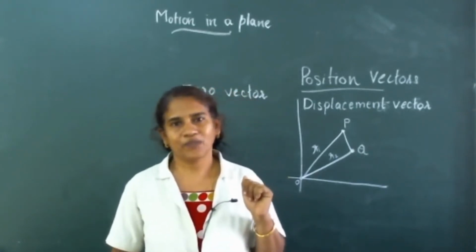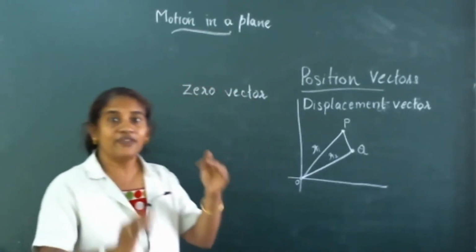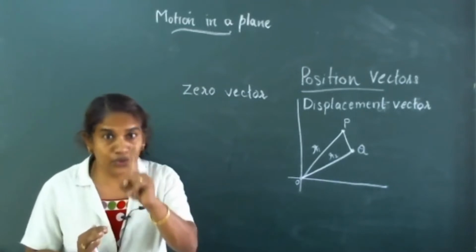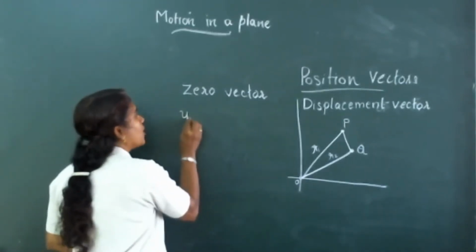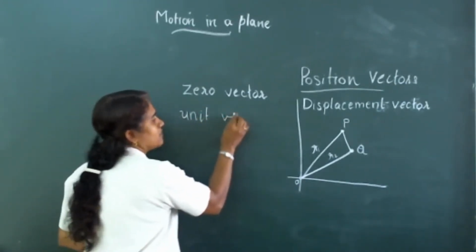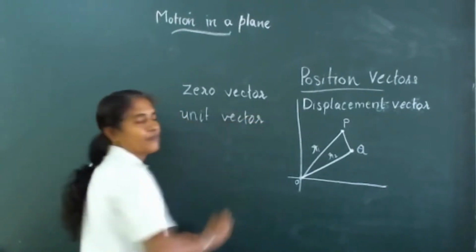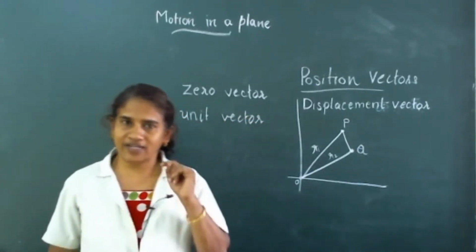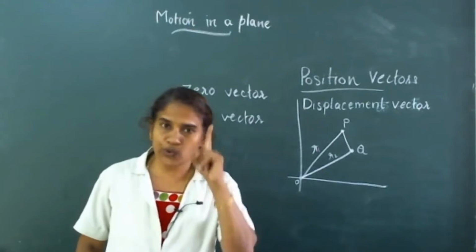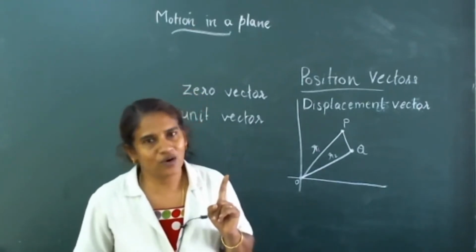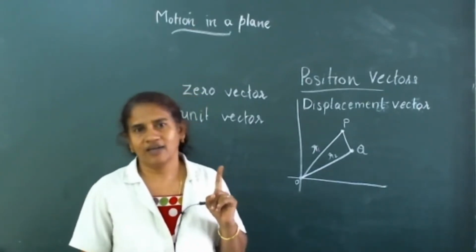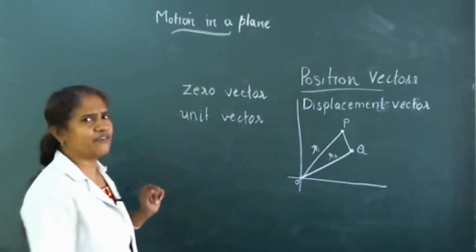So, when two vectors are subtracted and if the magnitude is 0, then that vector can be called as zero vector. Okay. Then, if the magnitude is 1, unity, it can be called as unit vector. Magnitude of a vector quantity is 1 or unity, then it can be called as unit vector. In maths, you might have studied the definition also.